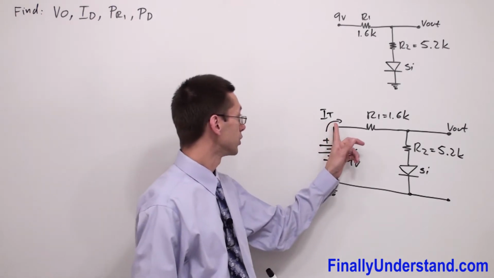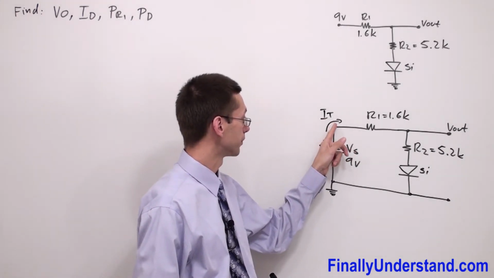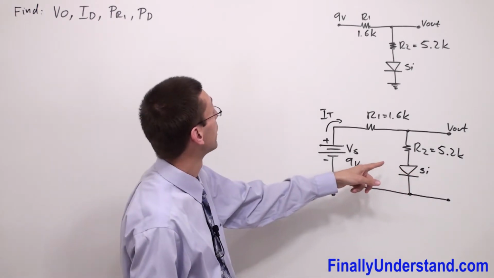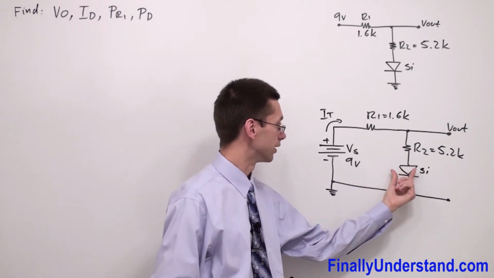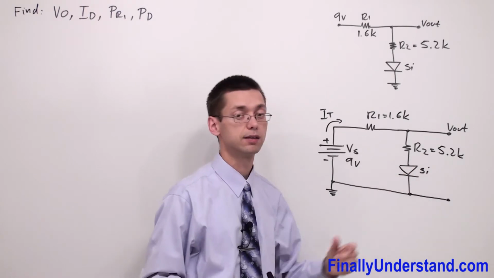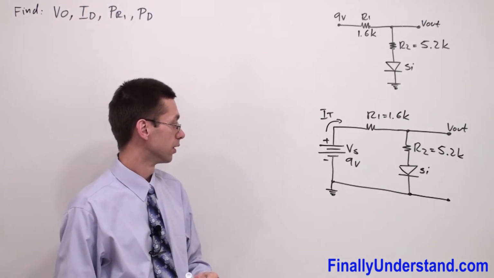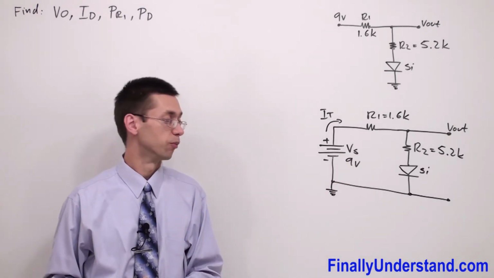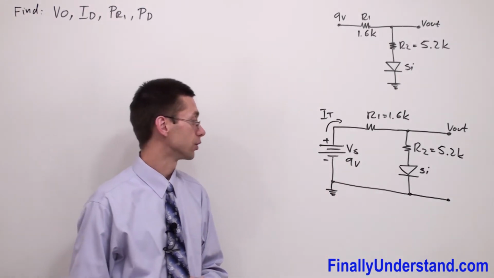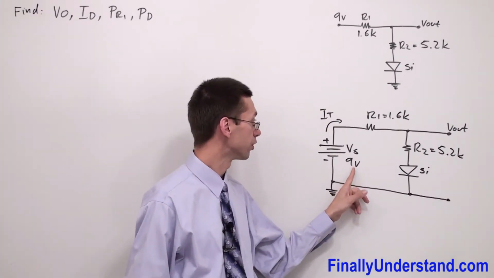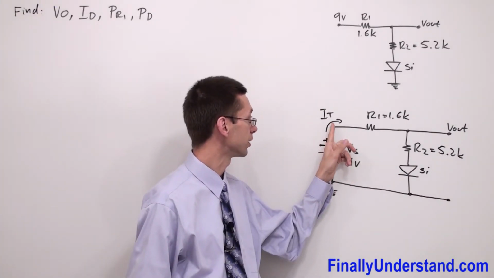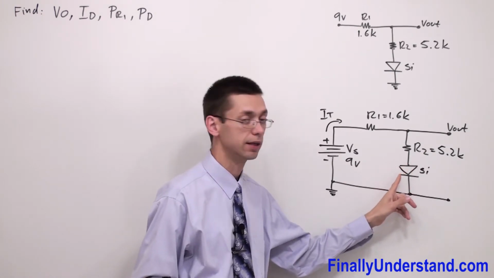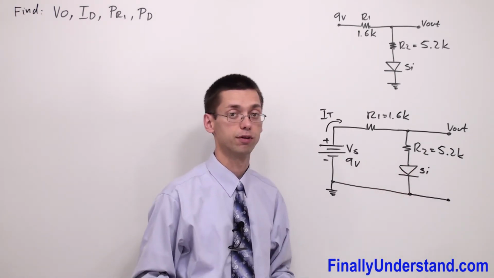So if the direction of my total current is the same like the arrowhead of the diode, it means that the diode is forward biased. Also, don't forget that the voltage source must be greater than 0.7 volt. Okay, so I have 9 volts, the direction of current is matching the direction showed by the diode, so it means the diode is forward biased.